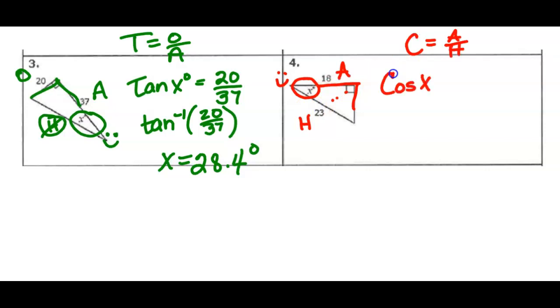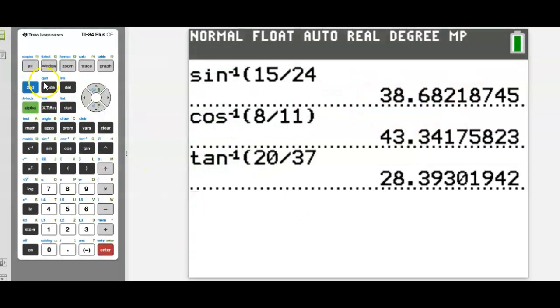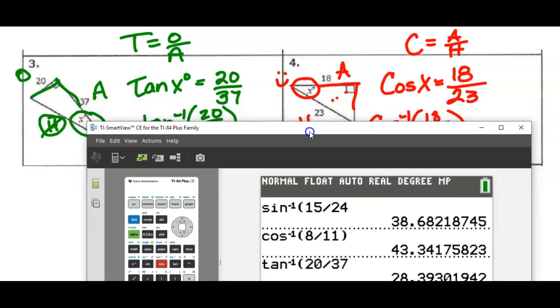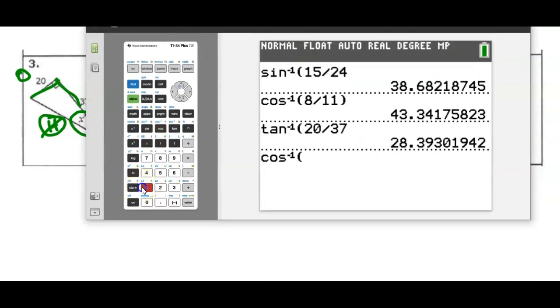So we have the cosine of x equals A over H. A is 18, and H is 23, and we're looking for the angle, so we're going to do inverse cosine of 18 over 23. Second cosine. Again, you only do this because we're looking for an angle. When you're looking for a side, you don't use second. And then it's 18 over 23, which is 38.5.